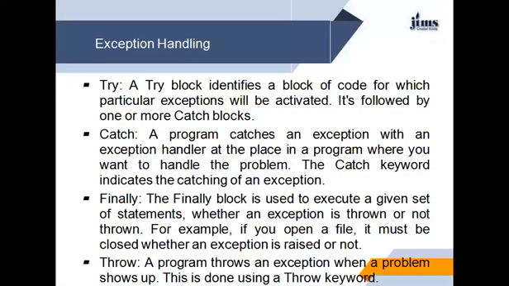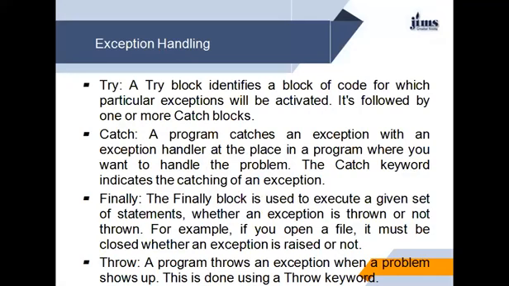But if the program may have multiple exceptions, then we should catch these multiple exceptions with the help of multiple catch blocks. In a catch block, we will write how we will handle the error produced by the try block. Catch: a program catches an exception with an exception handler at the place in a program where you want to handle the problem.